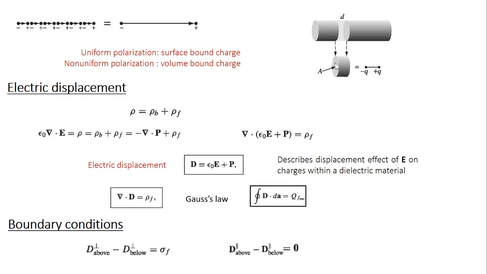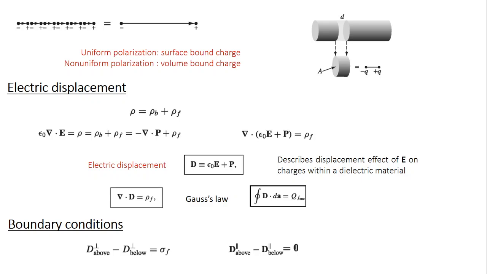So charge divided by surface area will give you a surface charge density here. Since these are bound charges, you have a surface bound charge density here and a surface bound charge density on this side as well. So it's as though we are painting the ends of the cylinder with a surface charge density sigma b. Now this is the case of uniform polarization.